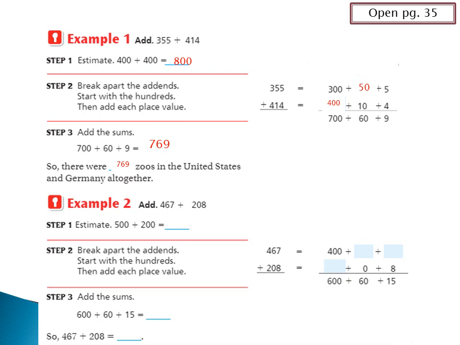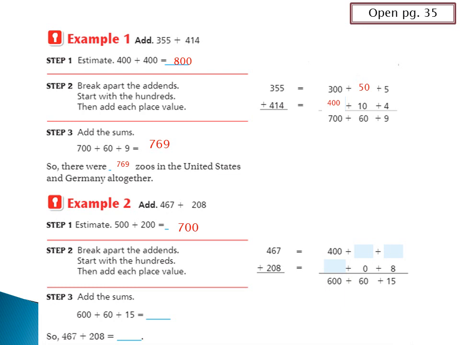Now let's move to example 2. 467 plus 208. Step 1. Estimate. 467 was rounded to 500. 208 was rounded to 200. 500 plus 200 equal 700.